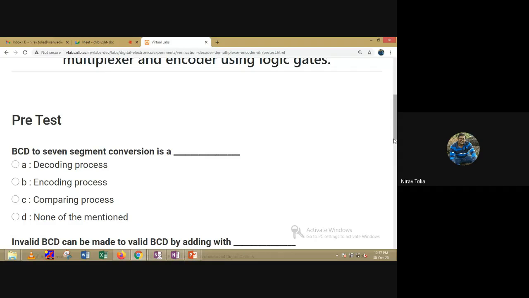So my input is a binary code, and it converts it into a 7-segment conversion. So which process is it? A decoding process, encoding process, comparing process, or none of the mentioned? Okay, so I got the reply from Parth. What about others?